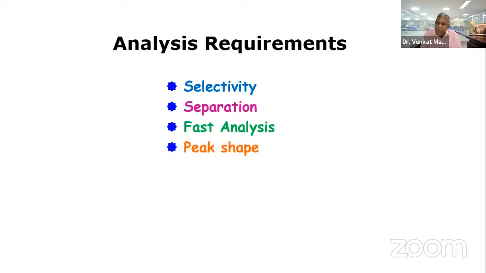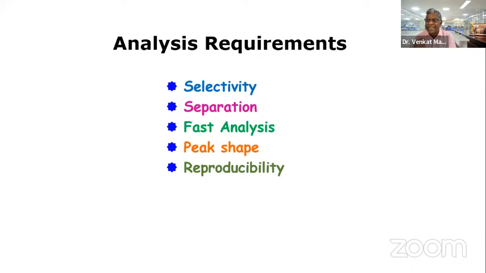Then, when you are doing this, is it that my peak should be, when the chromatogram should be, how the peak should look like? Is it an ideal chromatogram or a chromatogram acceptable by my regulatory authorities or my users? Peak shape.